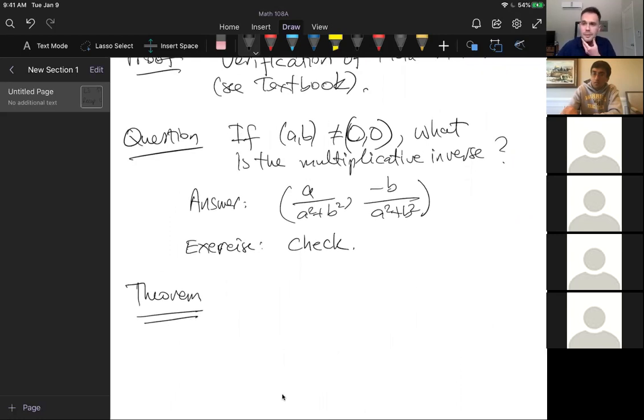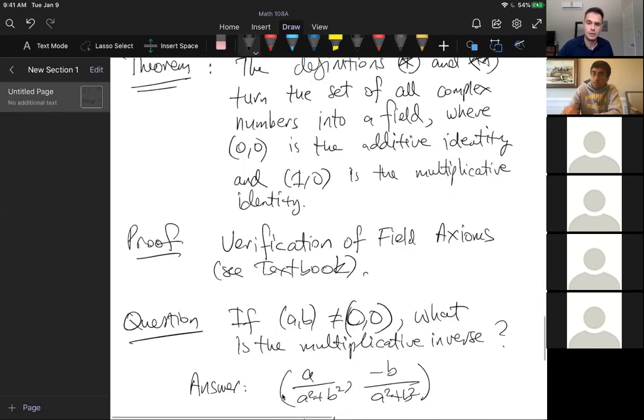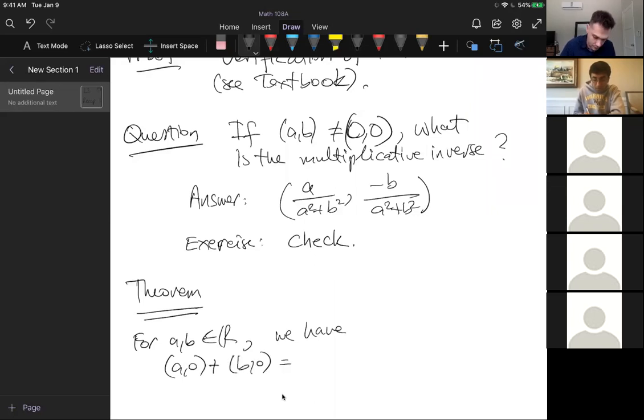We want to see the real numbers as a subfield of C. How do we identify the real numbers in this complex number setup? You see the reals in the first slot of the tuple. So for A, B in the reals, (A, 0) + (B, 0) is (A+B, 0).